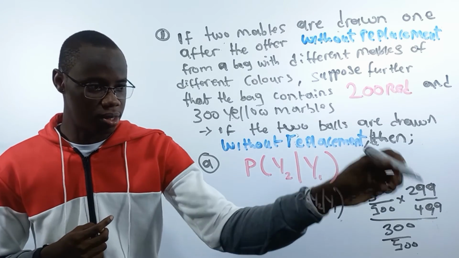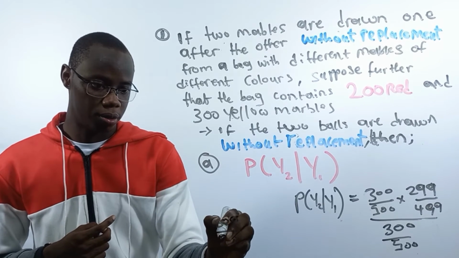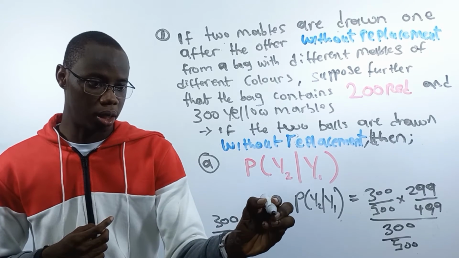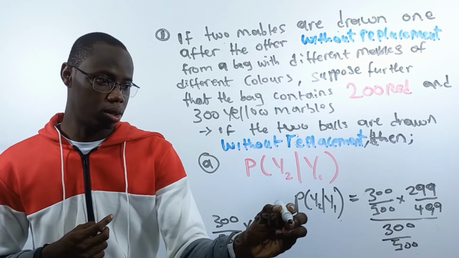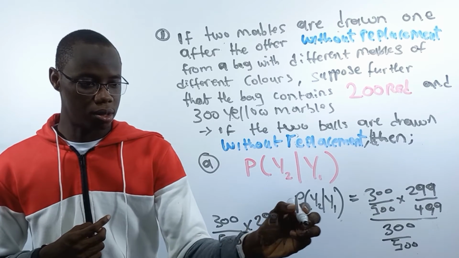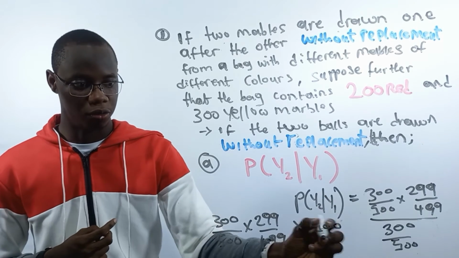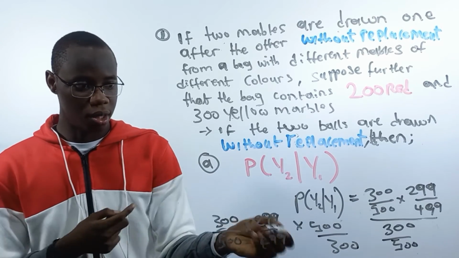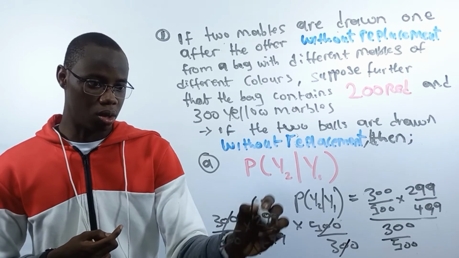So this here now will be 300 over 500 times 299 over 499 times, switch this 500 because you divided it. If you want it to be multiplied, you swap it. So this 500 with this will cancel this.